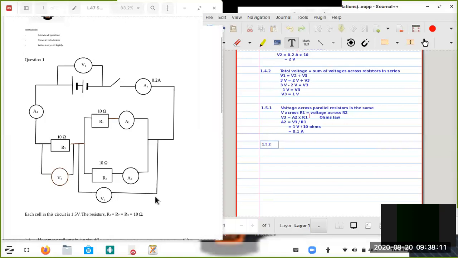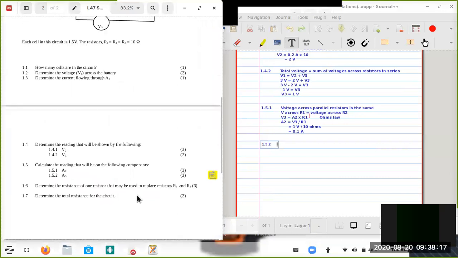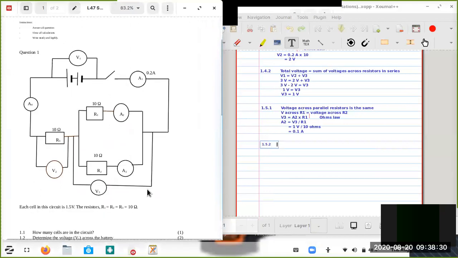On 1.5.2, we are supposed to calculate the current that's measured by ammeter number 3. Going back to the diagram, our current measured by ammeter number 3 is this one here. It measures the current going through resistor number 2, as shown by my pointer there.